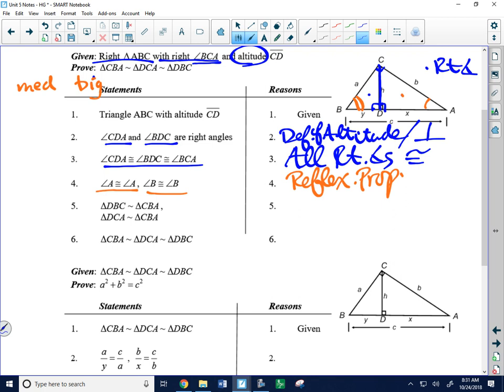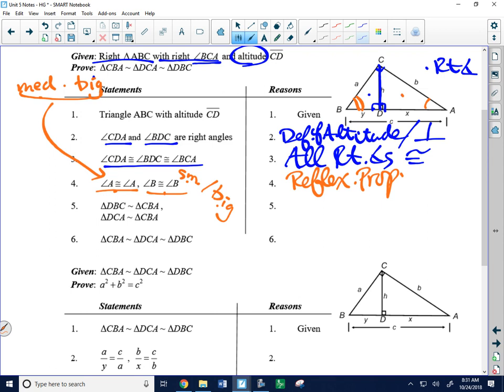Now, this was for the medium and big, and angle B was for the small triangle and the big triangle. Between the medium and the big, two angles are congruent: the right angles and A. From small to big triangle, the right angles and angle B, two angles are congruent.